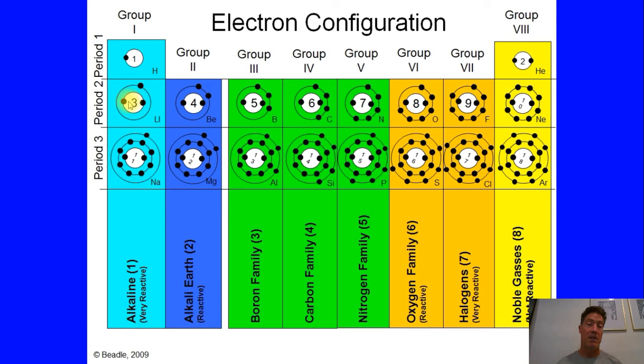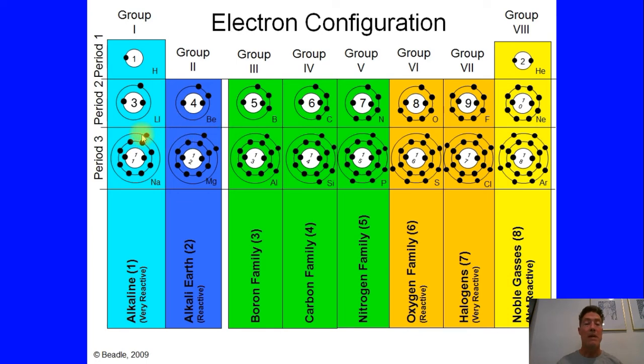Everything after has a 1s2, but now we're adding a 2s1, and now a 2s2, and now 2p1, 2p2, 2p3, 2p4, 2p5, and 2p6. And then we start over again, right? So sodium has everything that neon has, but we're starting over with another electron shell, another s electron.